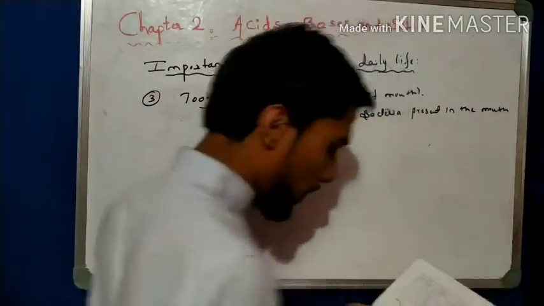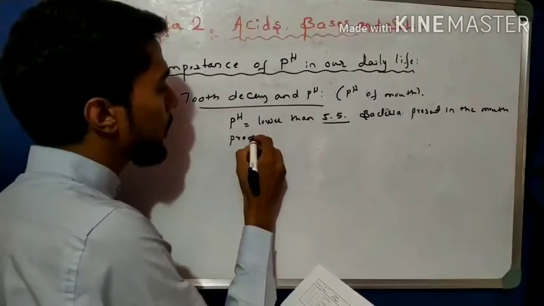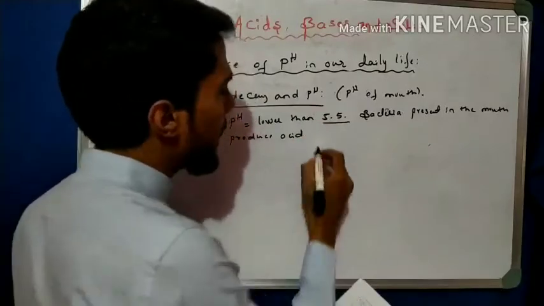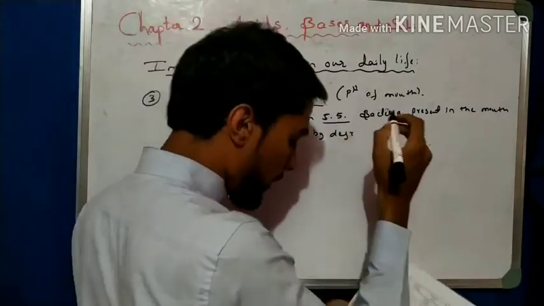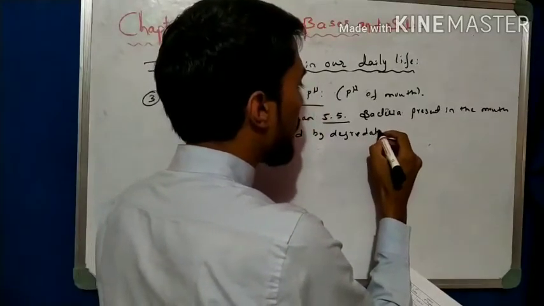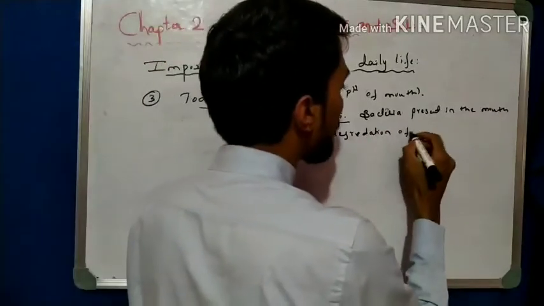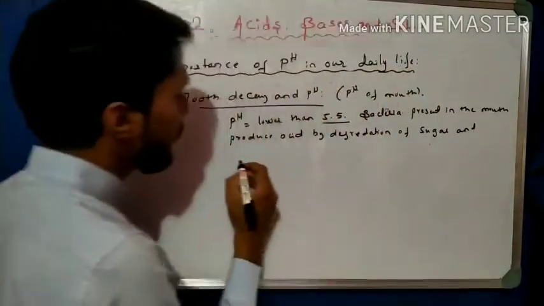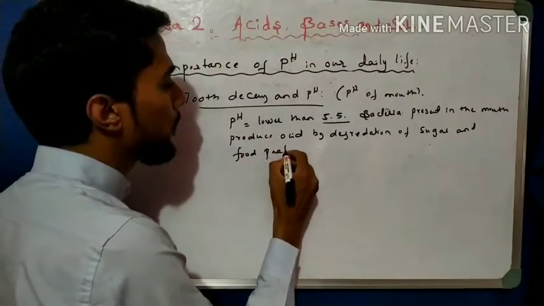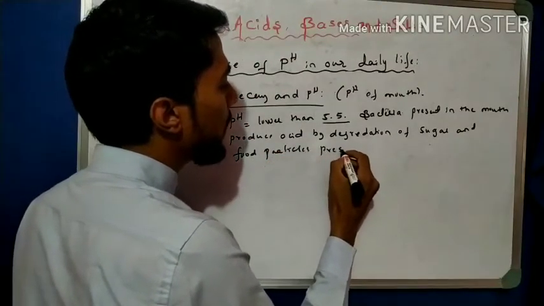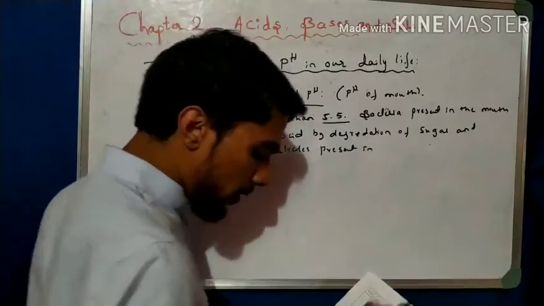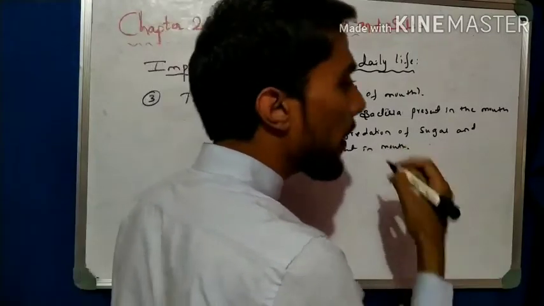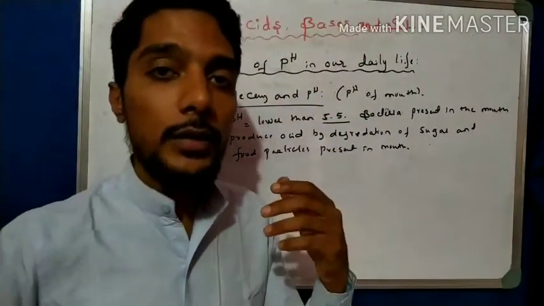They produce acid by degradation of sugar and food particles present in the mouth.